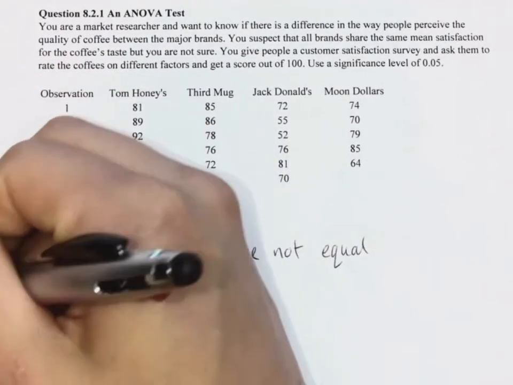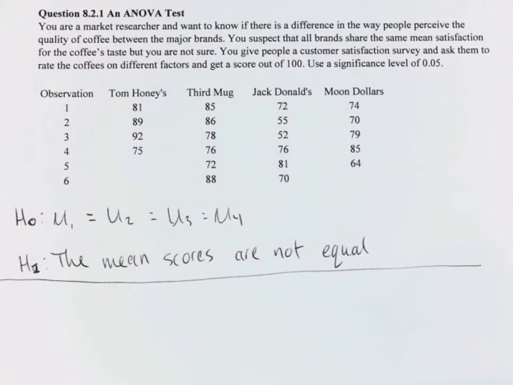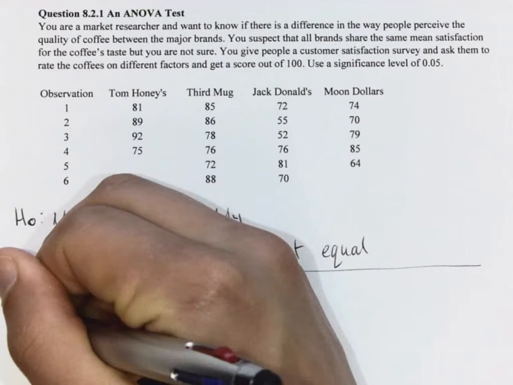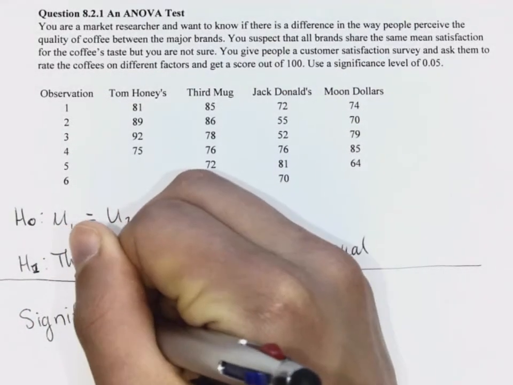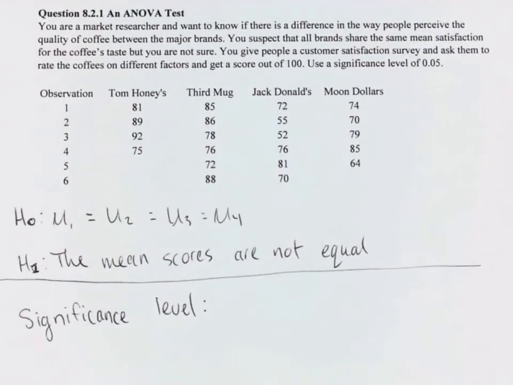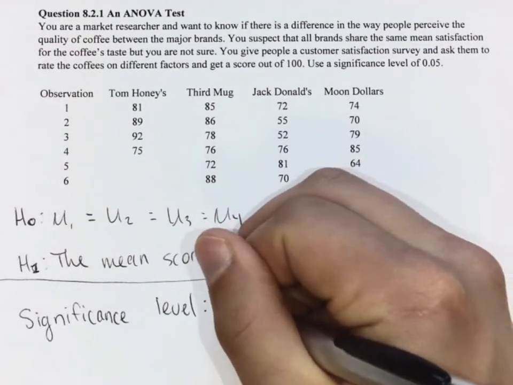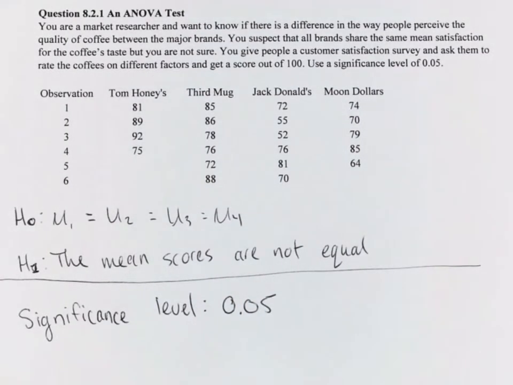So step 1, setting up our hypothesis. Step 2, we need to set our significance level. Now we have had that set for us, but it is important to take note. So we have a significance level of 0.05.